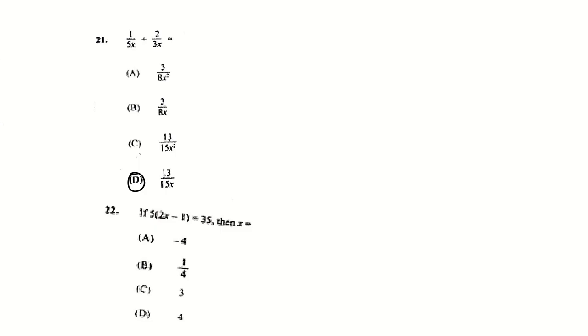I need to check this question because it is a little bit blurry. The question says if 5 over 2x minus 1 is equal to 35. We did this question already. We got the answer to be 4. This is a repeated question.